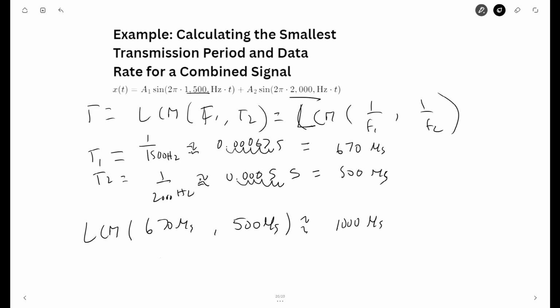That would be our answer, approximately equal to 0.001 seconds.